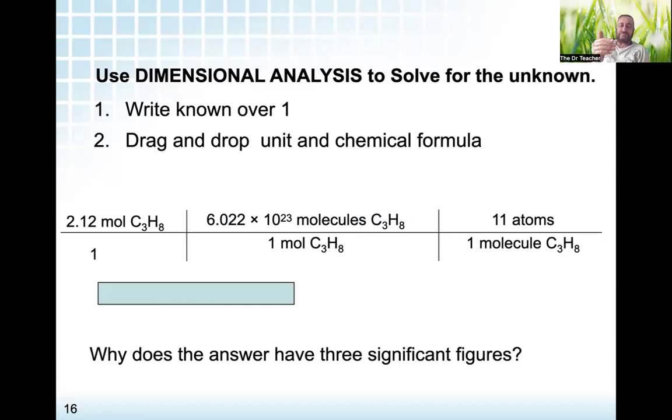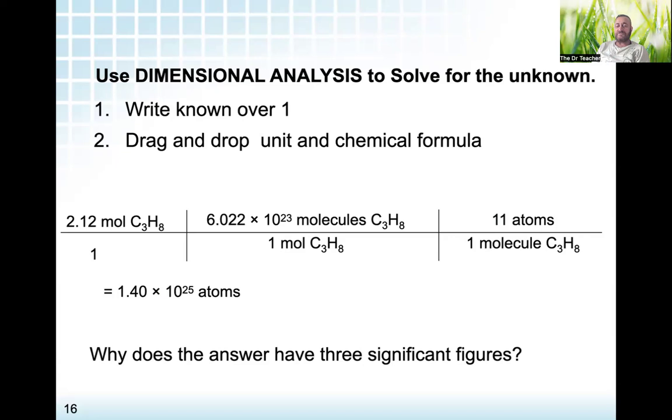What are you going to do? You get 1.4 times 10 to the power 25.